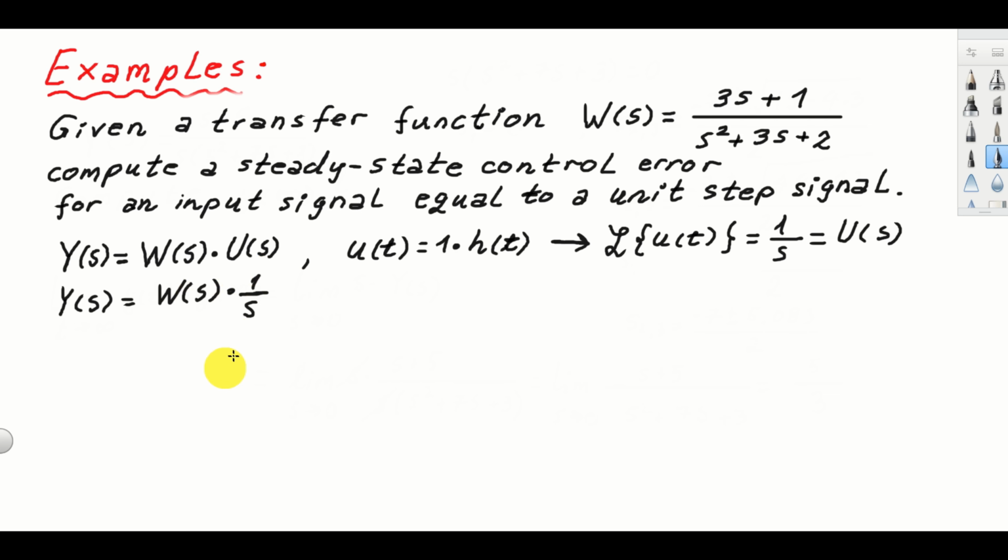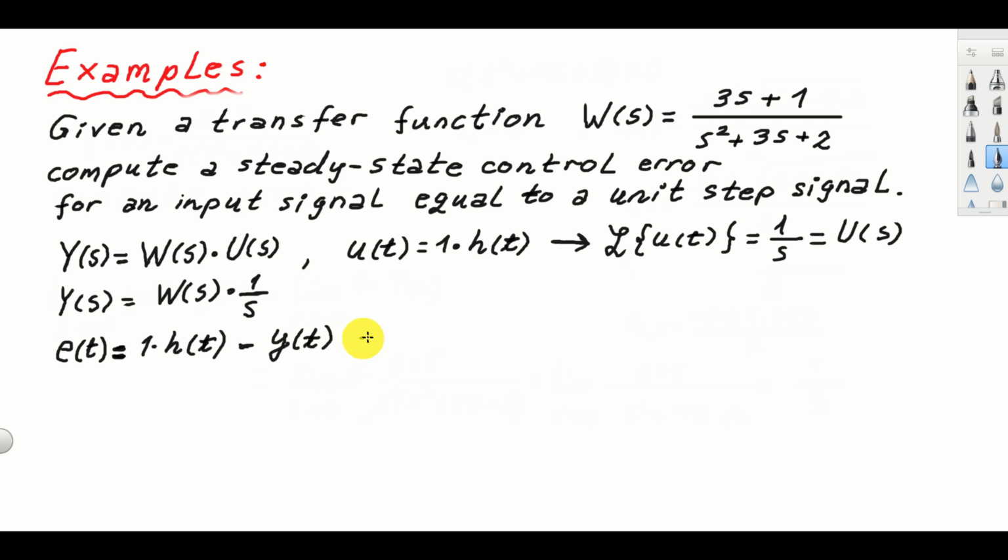The next thing that you need to write down is the definition of the control error. In the time domain, the control error is e(t), equal to the input signal, which in our case is a simple 1 multiplying h(t). The input signal is also the reference signal, minus y(t), where y(t) is the time domain output.